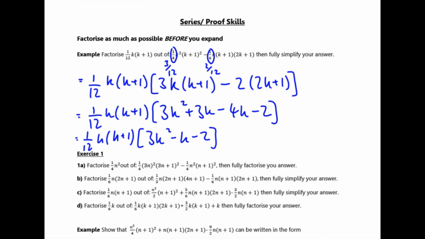And you should look to see then if this resulting quadratic will factorize. And you can use your calculator to help you if you need to. I think it will. So here's your final fully simplified answer.